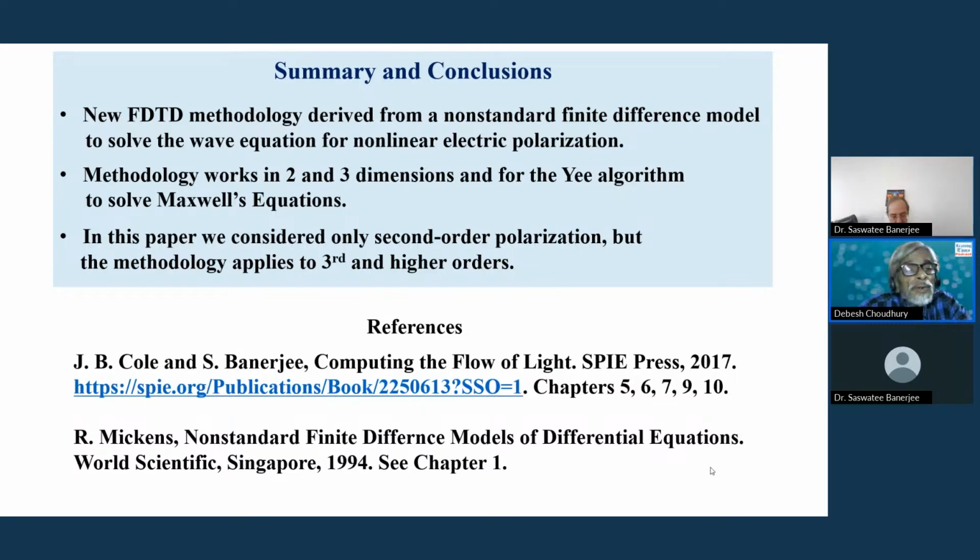So if you like, we can give you the mic. If you like, you can also raise your hands, please. Okay. Since they are not raising their hands or they are not trying to speak, so we may proceed to the next part of the presentation by Dr. Saswatee Banerjee.